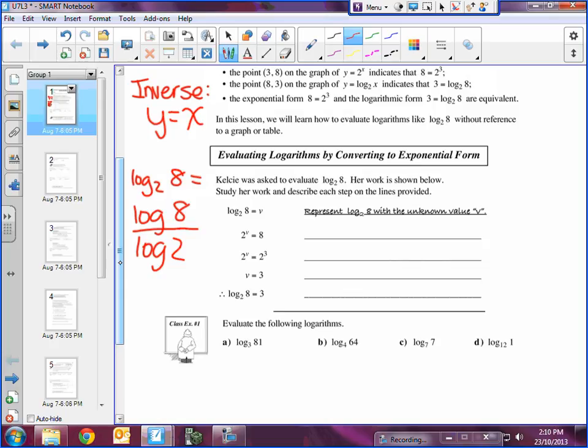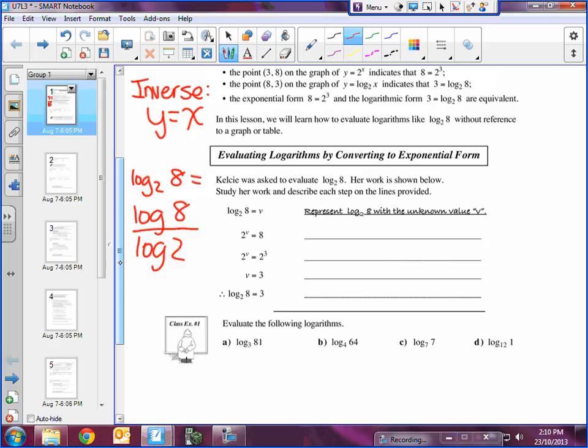Log of 8 base 2 equals v. All she did was set it to v. So that's what this is saying: represent log of 8 base 2 with the unknown value v. You could use any variable here. Her next step, 2 to the exponent v equals 8.